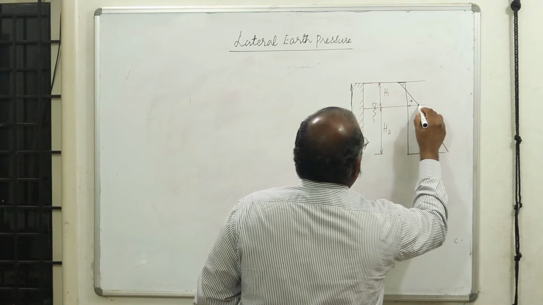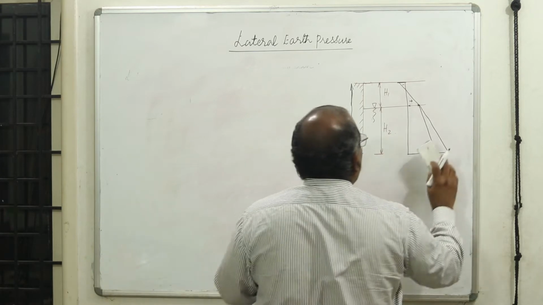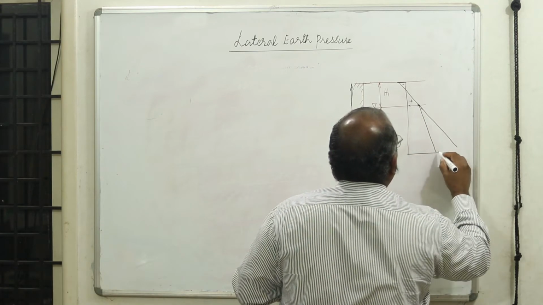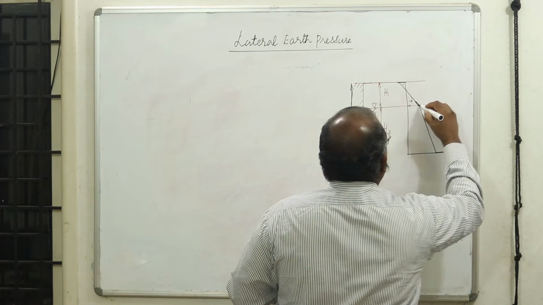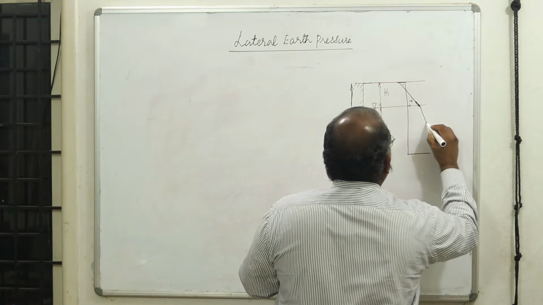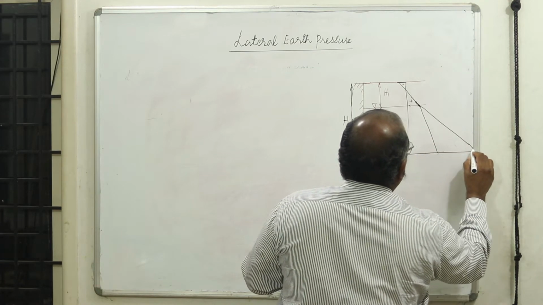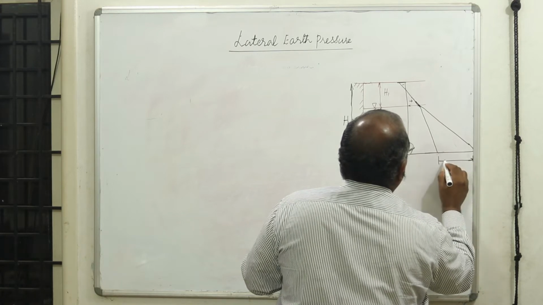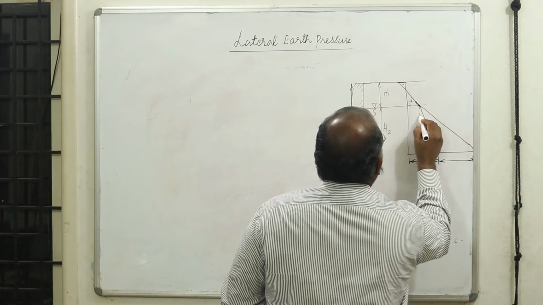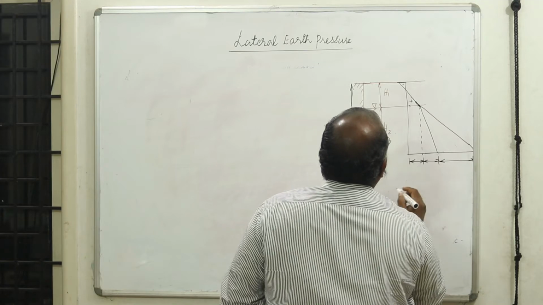Now this is going to be different, because it is not going to go with the same slope. The slope is going to change. Let me show it again. This is going to be something like this, and this is going to be something like this. What is this pressure distribution? What will be this value?